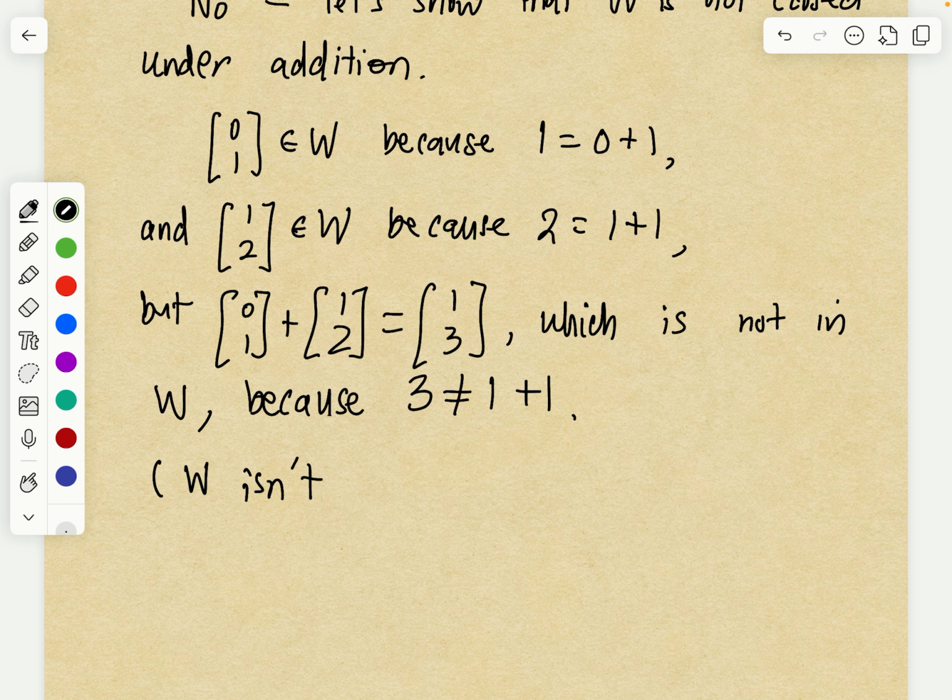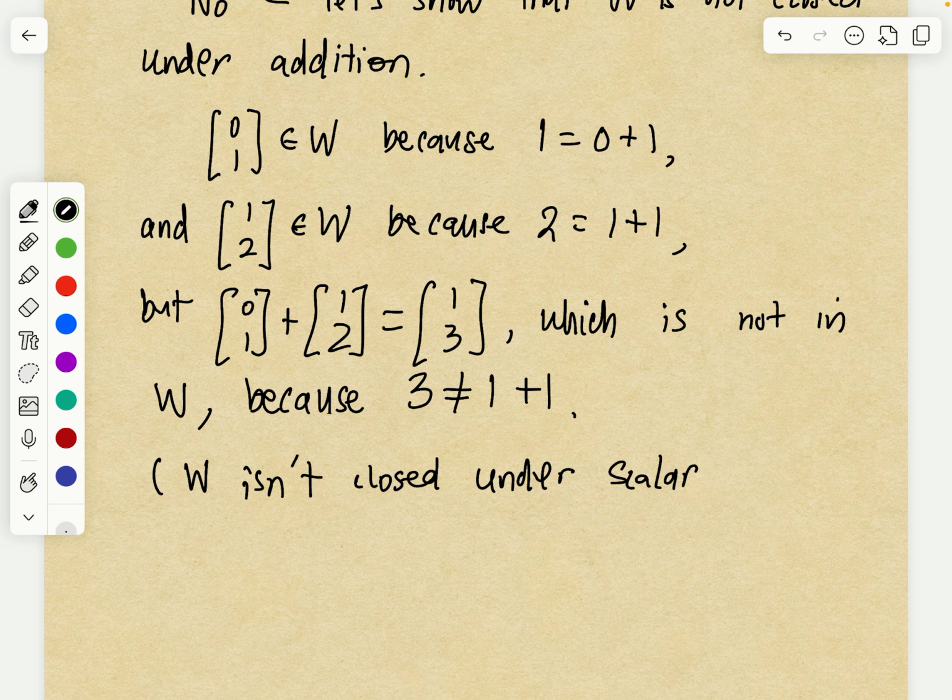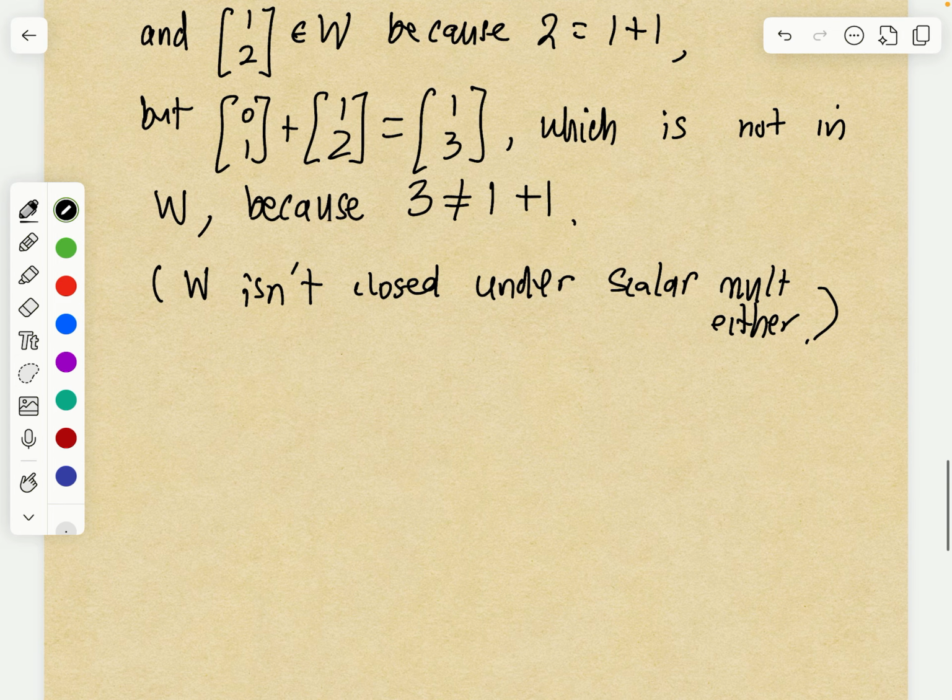You only need one of the things to not happen, and then you're automatically not a subspace. All three things need to hold, okay? But I'll let you check that W isn't closed under scalar multiplication either, even though we didn't need to know that in order to know that W is not a subspace.